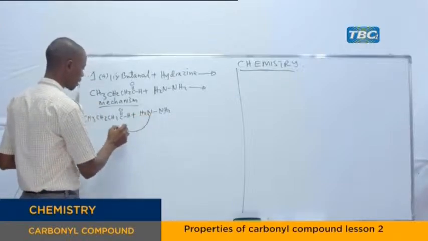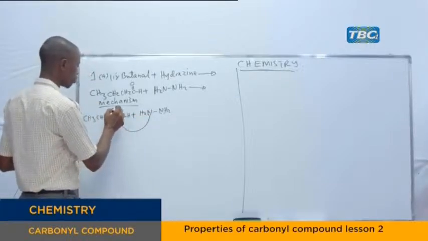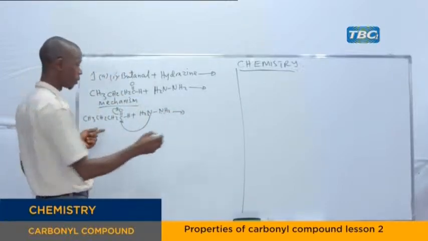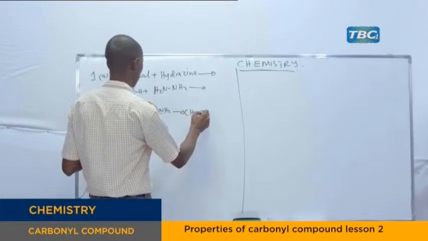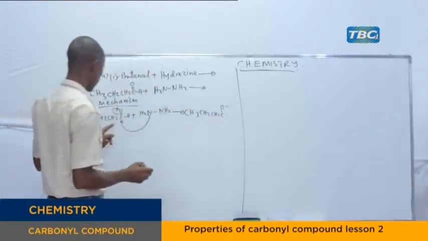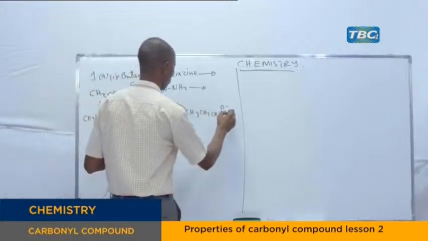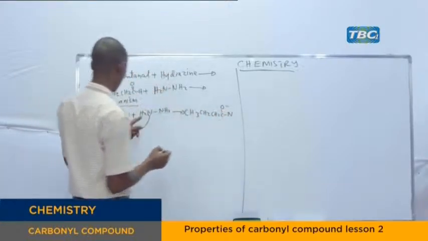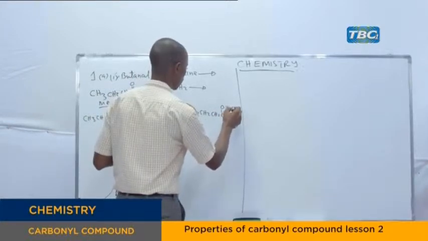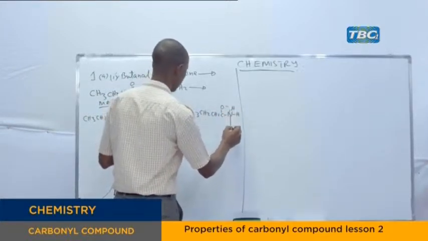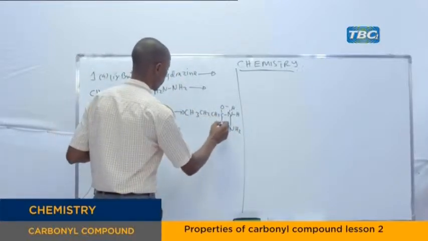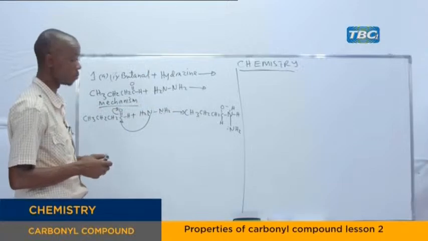This lone pair attacks this carbon atom, making the electron move to the oxygen atom in that way. So here we are going to have the following compound: nitrogen atom with 2 hydrogen atoms, and there is a hydrogen atom there. So that is the compound that will be formed.